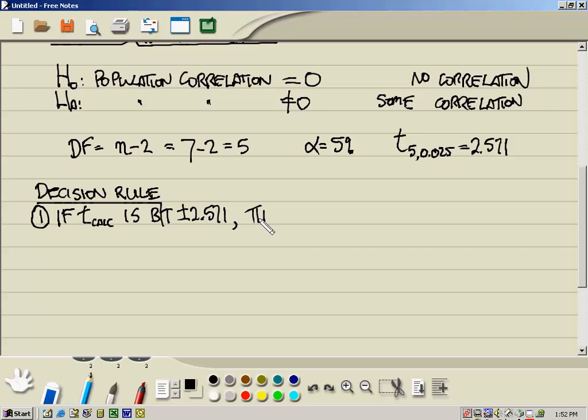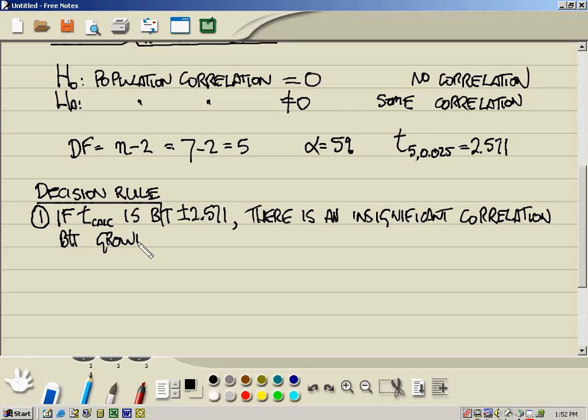We'll say there is an insignificant correlation between our two variables, and we'll spell those variables out: the annual growth rate and the return on equity.